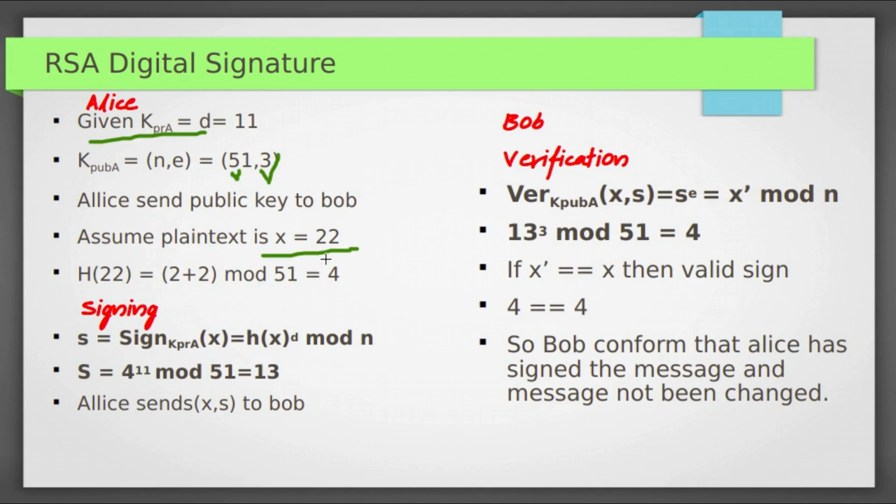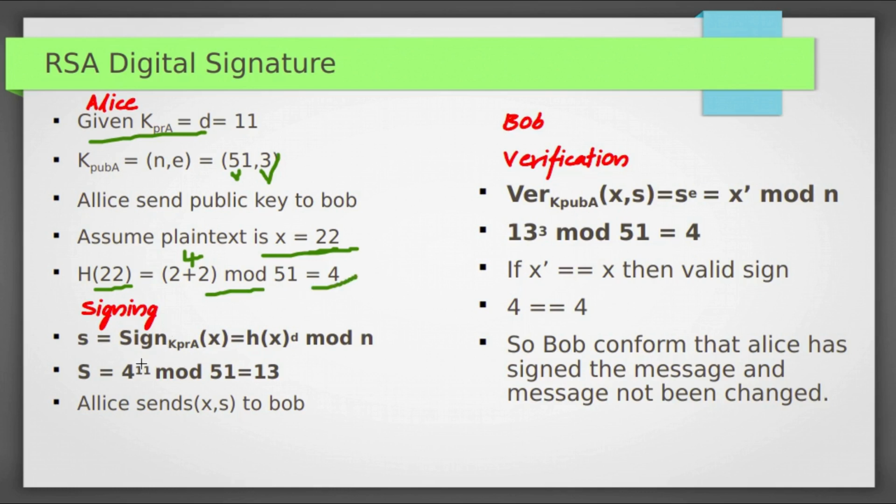In this case, the number is 22. Sum of all digits: here we have 2 digits, and the sum of these 2 digits is 4. 4 mod 51 is 4.